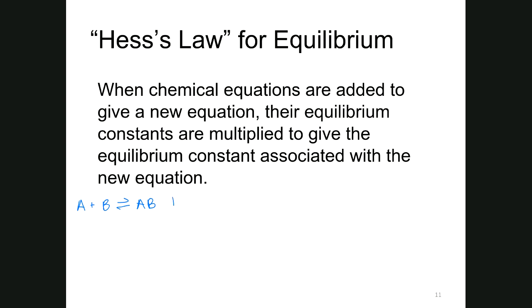And so in our previous slide, we said that K for that reaction was 3, so we'll keep that the same. And then we have a second step to our reaction, right? This is our first reaction, this is our second reaction, which is we have D decomposing into AB plus C. And for that reaction, we have a K equal to 2.